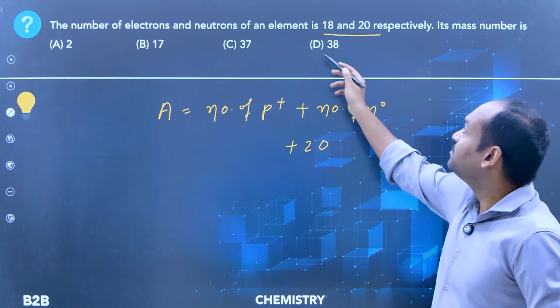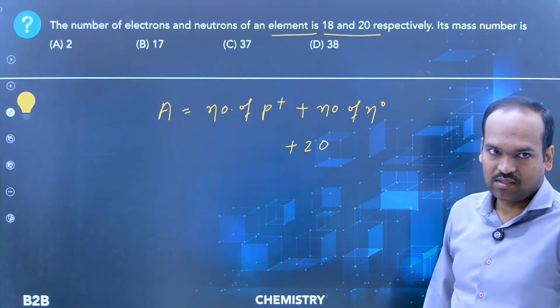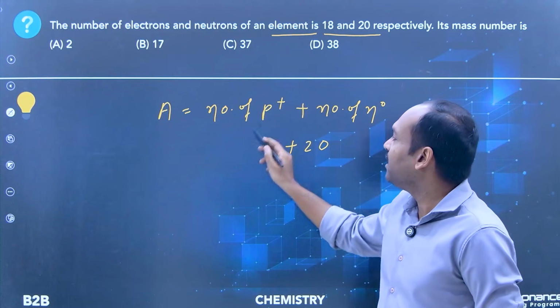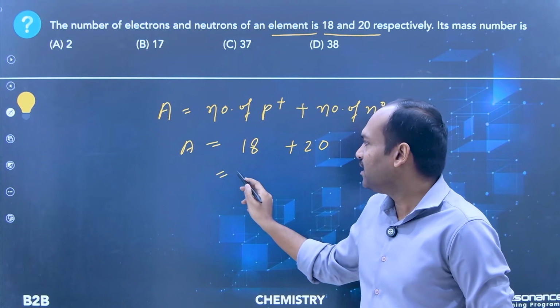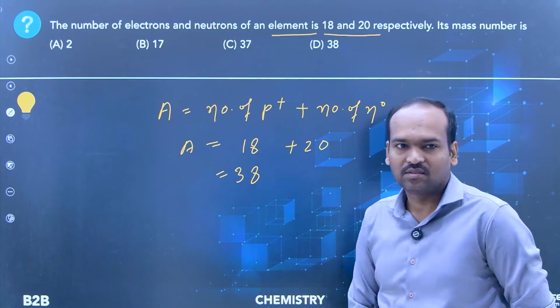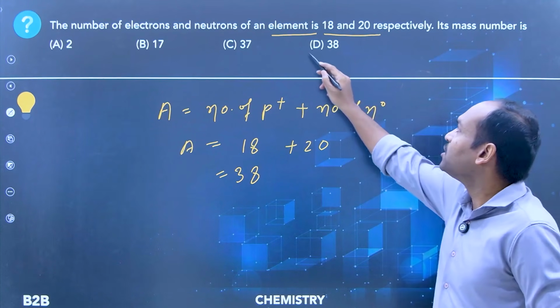But for an atom or an element, the number of electrons and protons are equal. So can I use the atomic number as 18? So we'll get a resultant 38. 38 is the mass number, D option.